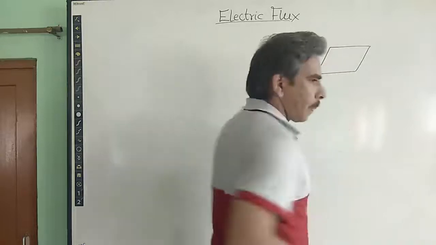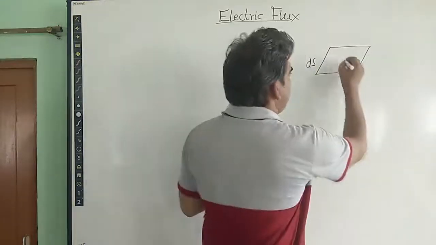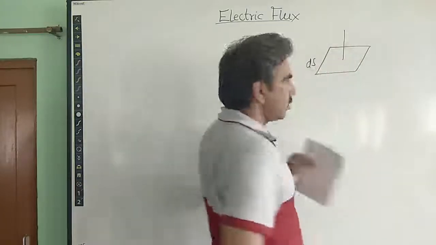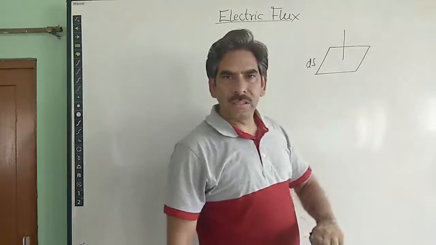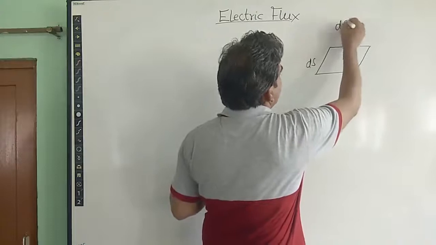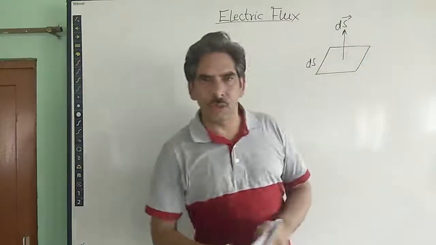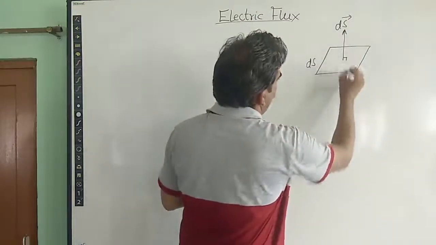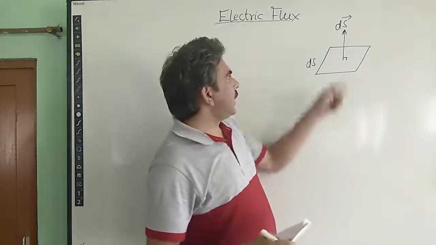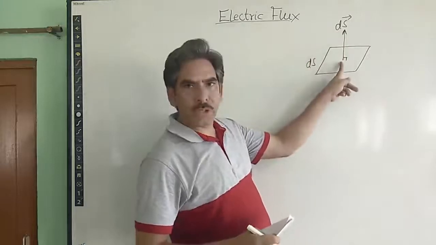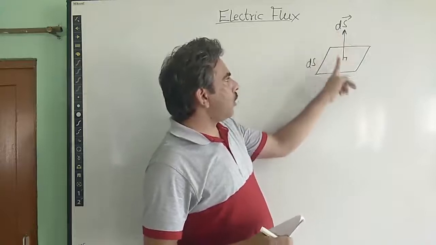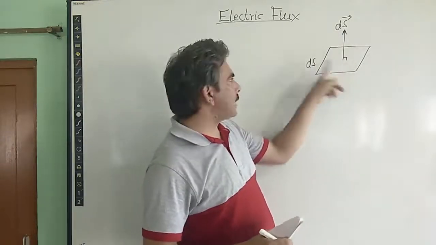Then there will be a vector which is normal to the surface of this cross section. So this is the vector which is normal to the surface, called the area vector. This area vector is always normal to the surface. So it is representing the direction of orientation of this surface as well as its magnitude.